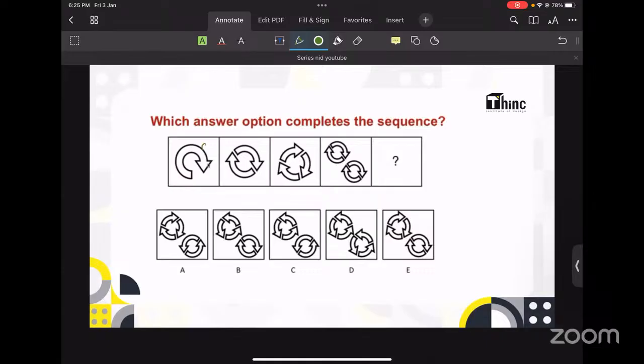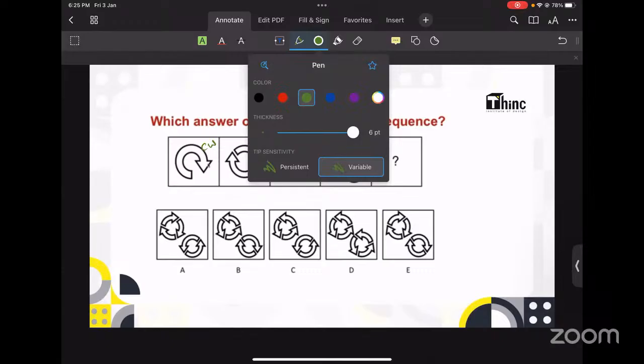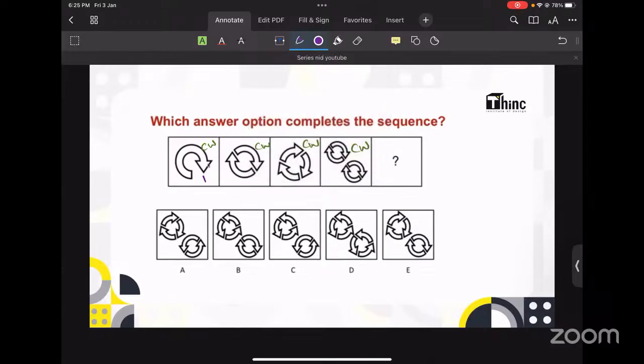Let's look into the clockwise arrow: clockwise, clockwise, clockwise, clockwise. And you can look into the number of arrows: 1 arrow, 2 arrows, 3 arrows, 4 arrows. So we are expecting the answer should have 5 arrows and it should be in clockwise direction. Just look into option D, 6 arrows.